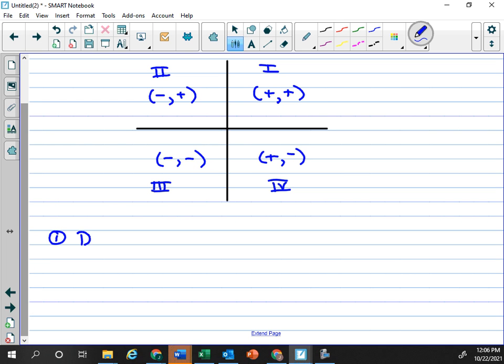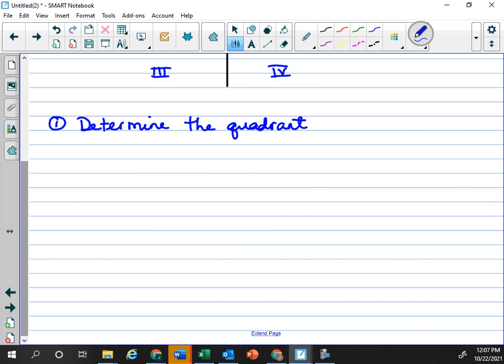So, determine the quadrant. I will give you part A here. We'll do sine of theta is greater than 0, and we'll do cotangent of theta is less than 0.